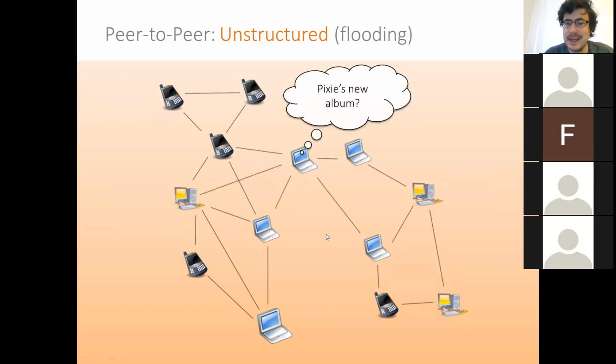So it can be highly inefficient, in the sense that for every request, we have to send in the order of O(N) messages, where N is the number of peers connected in this connected component of peers. This is the purest we can get a peer-to-peer system.